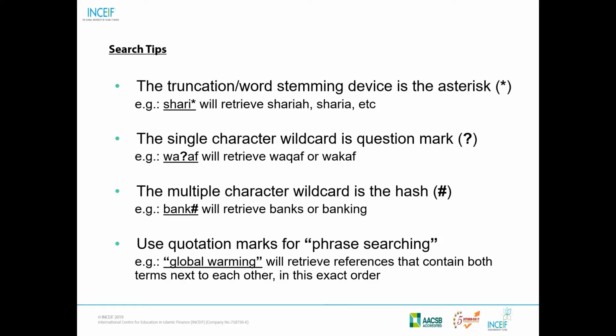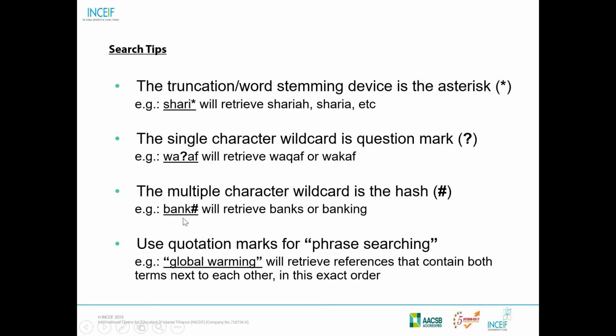And you can also use the multiple character wildcard, which is the hash. It is the same as the truncation asterisk, but for example with Sharia, it will go only by a single character. The AH will only stop at RI, if I'm not mistaken.